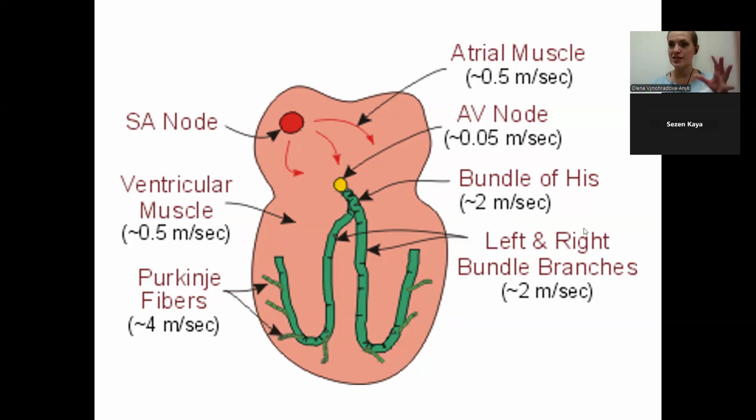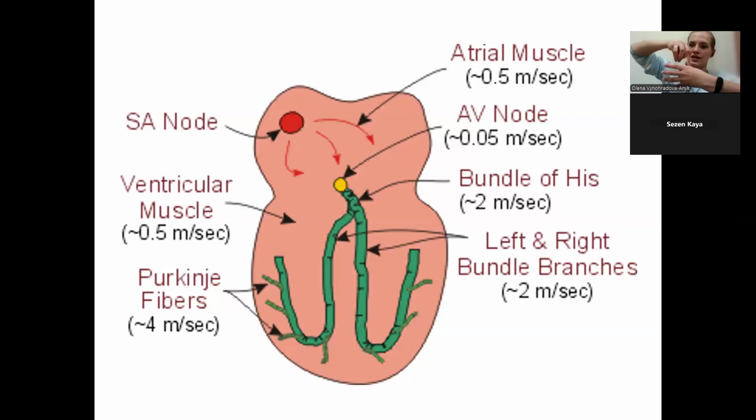For what? There is a physiological explanation. If we are talking about heart contraction, you can imagine this is our atria, this is our ventricles. The heart works in the following way.